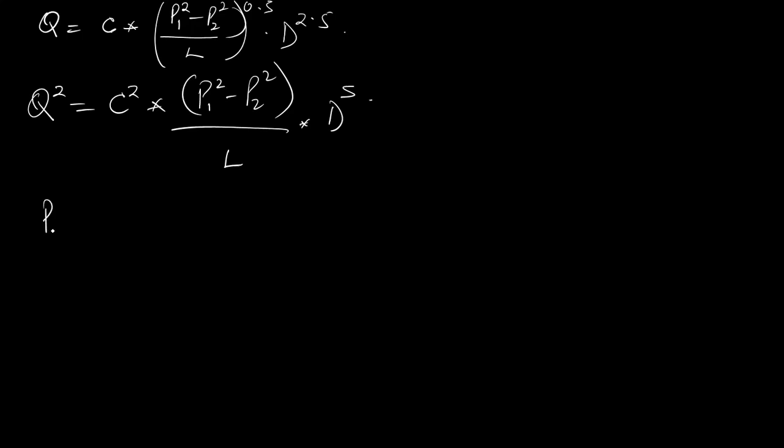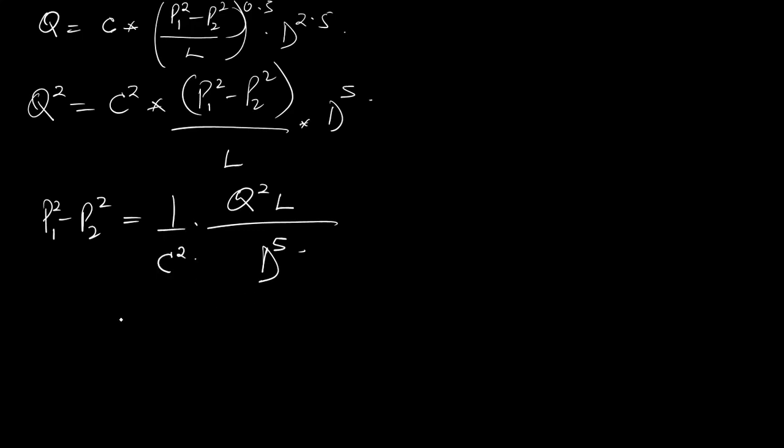That means P1 square minus P2 square will now be equal to Q square L divided by D raised to power 5, times 1 all over C square.